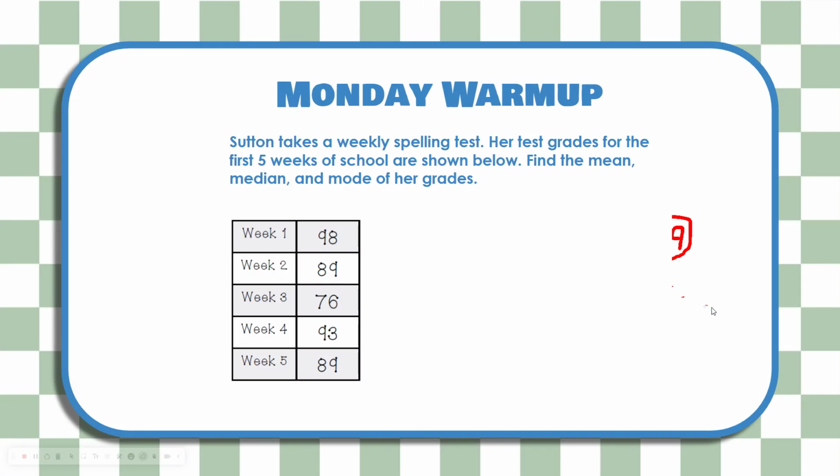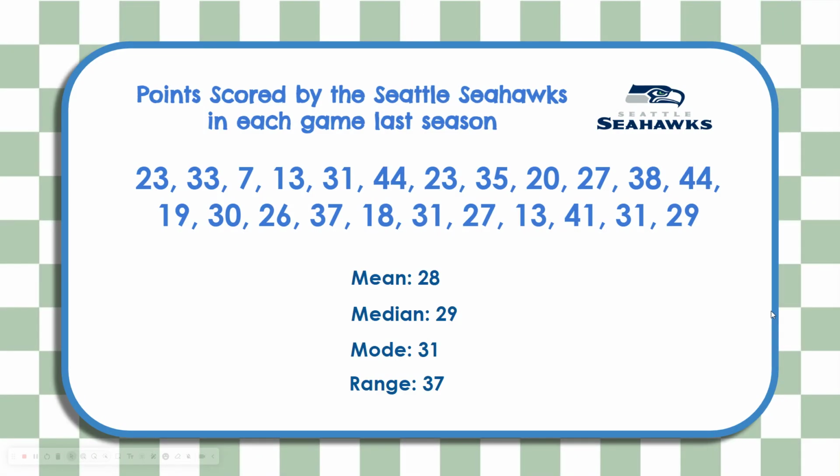All right, so we are going to look at the Seattle Seahawks data again from yesterday. We looked at the points per game that they scored. Remember, we found the mean, we said they scored 28 points per game. We found the median, which was the middle, was 29. We found the mode, 31, showed up the most often.